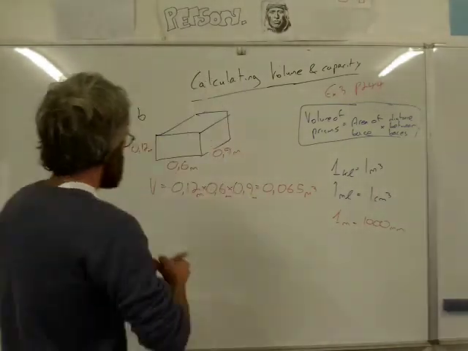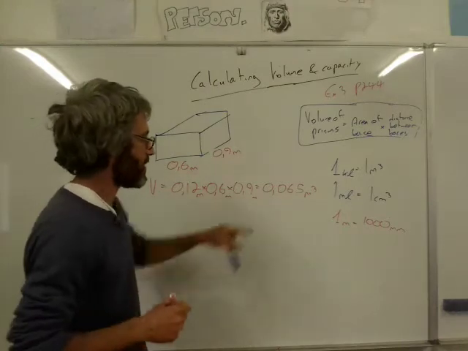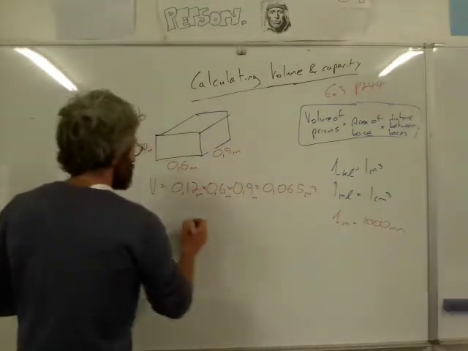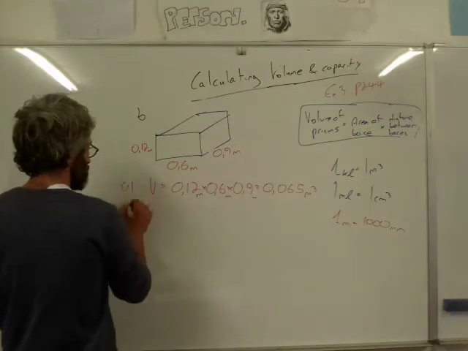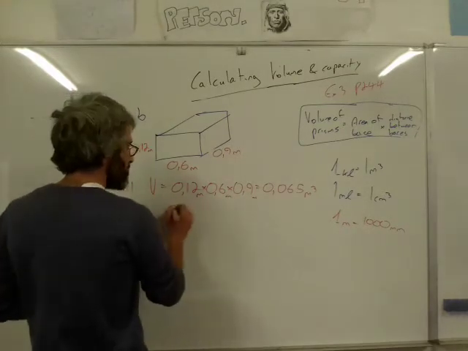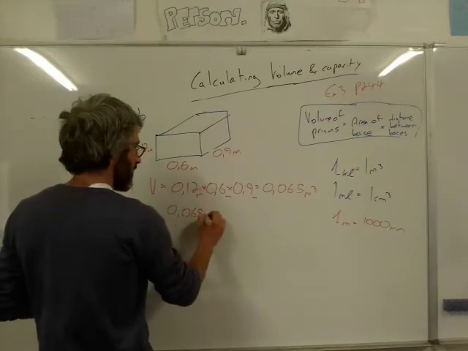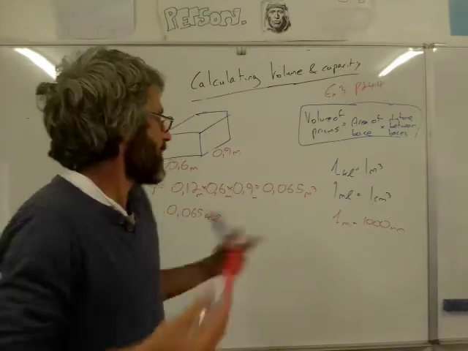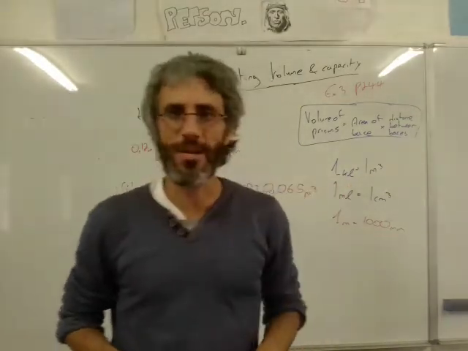So if the question was how many kiloliters, and we know that kiloliter is the same as meter cube, then the answer for how much sand it can keep is the same thing, 0.065 kiloliter, because 1 kiloliter equals 1 meter cube.